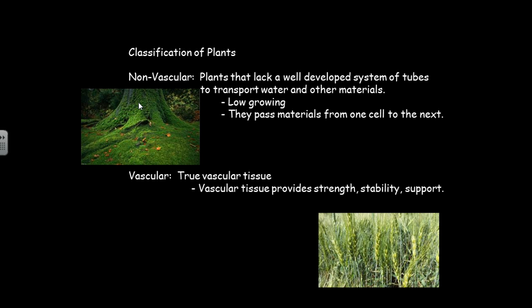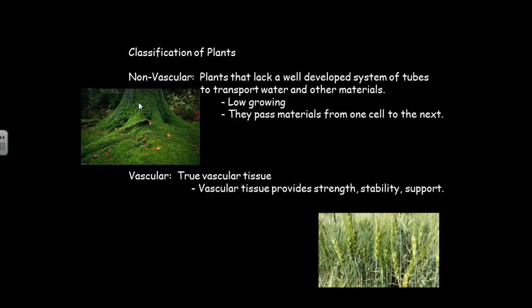And so they're low growing. And the way that they work this is that they basically have cells that are right next to each other, and so they're able to pass the materials, pass water, pass food right next to each other through cells. And so that's one characteristic of non-vascular plants, but all plants are either categorized as either being non-vascular or vascular.